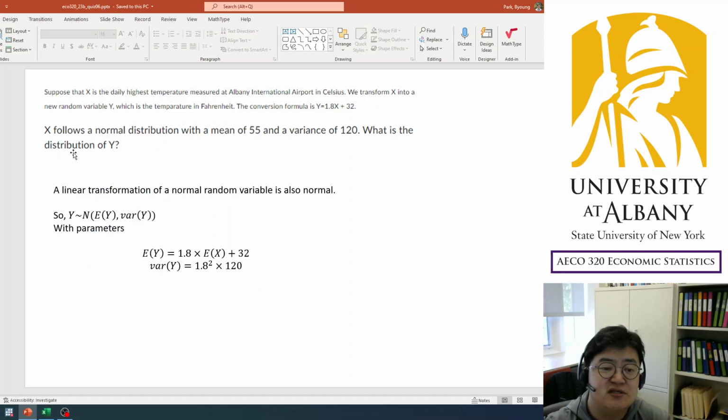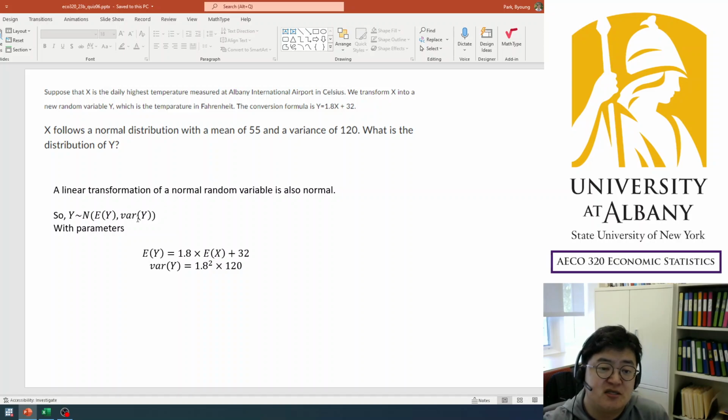The key here is a very important theorem: a linear transformation of a normal random variable is also normally distributed. That is an important property of a normal distribution. We know that X is normal, and Y is a linear transformation, so Y is normal.